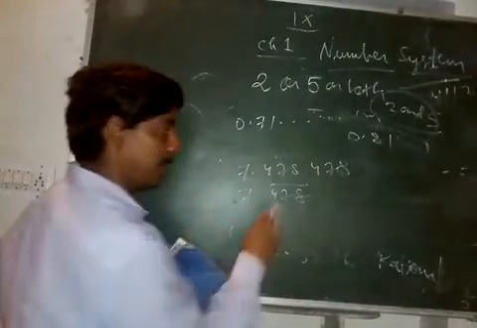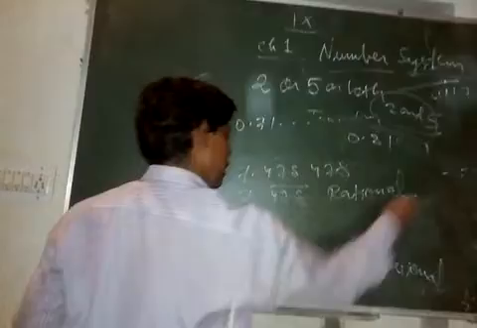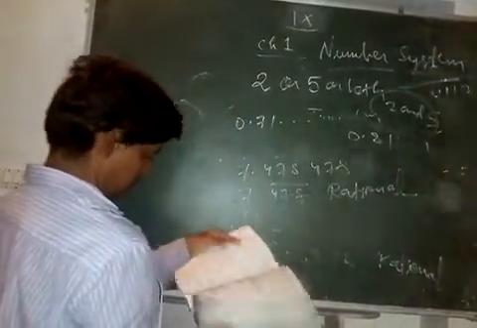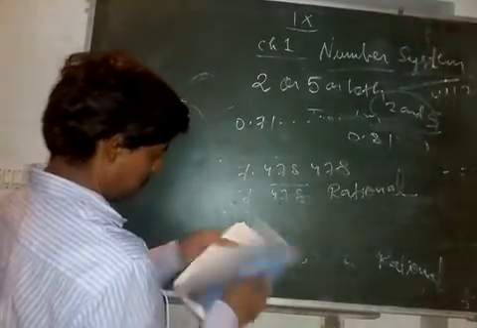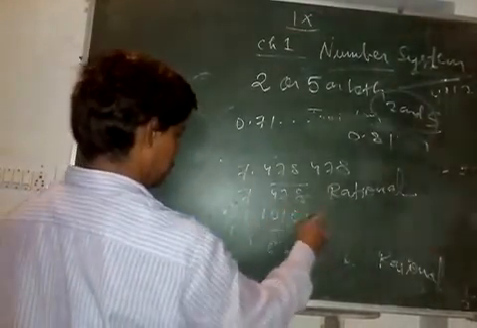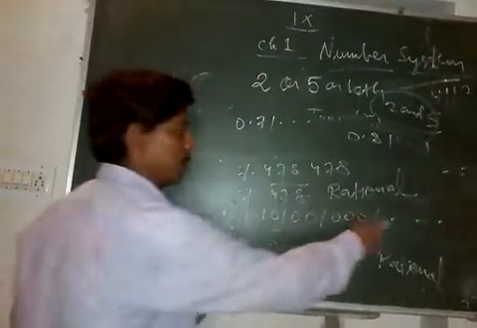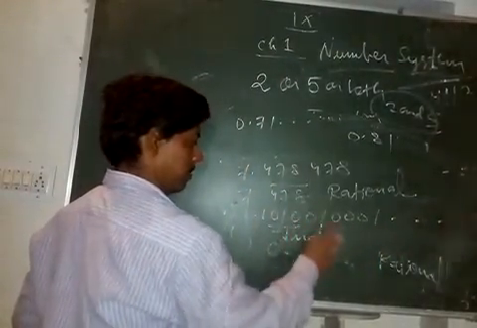If it is non-terminating repeating, then also it is rational. And then the fifth part is 1.101001101001001 dot dot dot. Nothing is repeated and it is dot dot dot, non-terminating, non-repeating. This one is irrational.